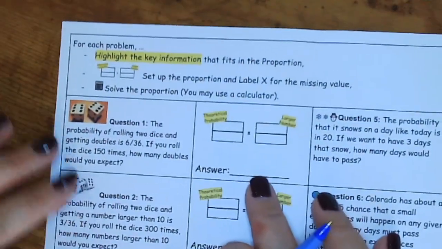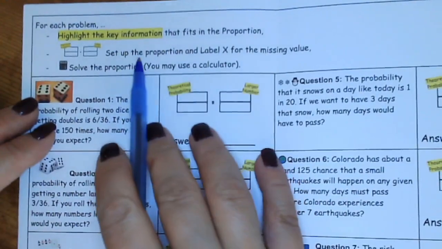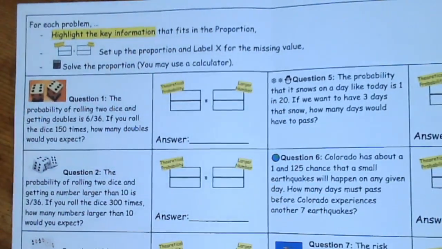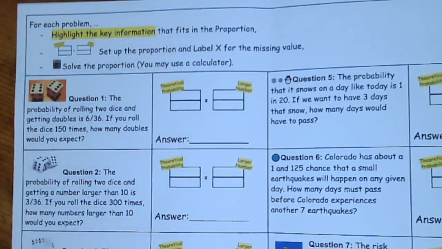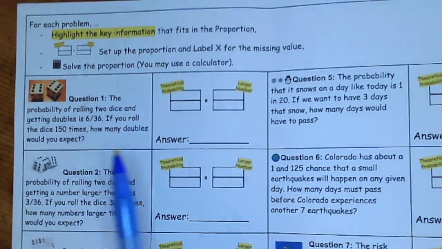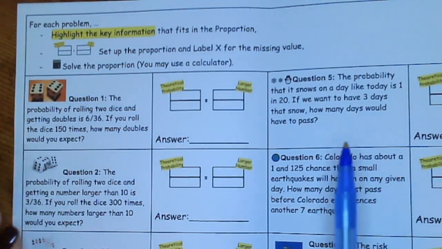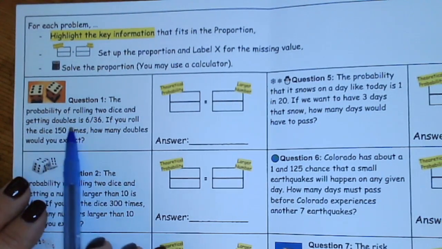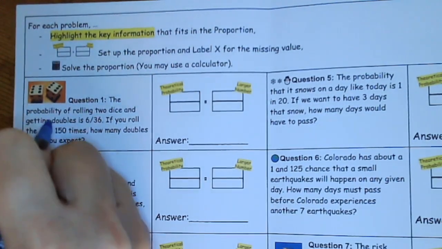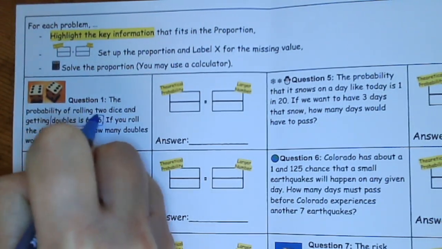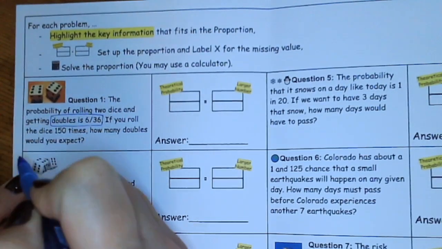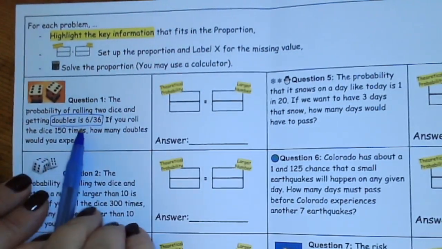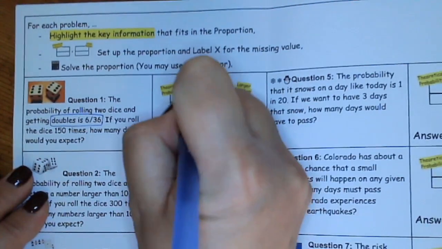For each of these problems, we are going to highlight the key information that fits the proportion. We're going to set up the proportion, label x for the missing value, and then solve the proportion. So for example, the probability of rolling 2 dice and getting doubles, either 2 1s or 2 2s or 2 3s, is 6 out of 36.